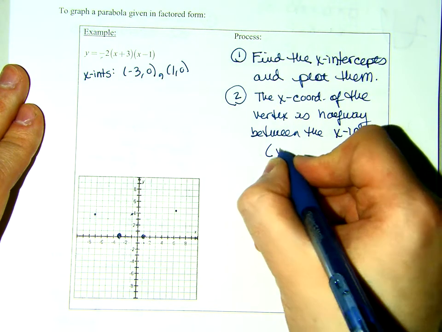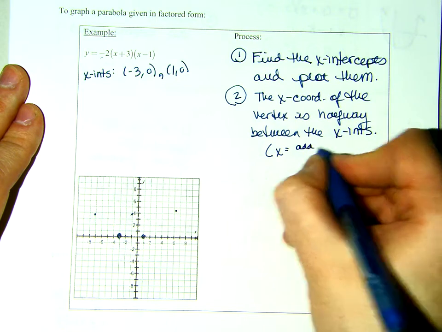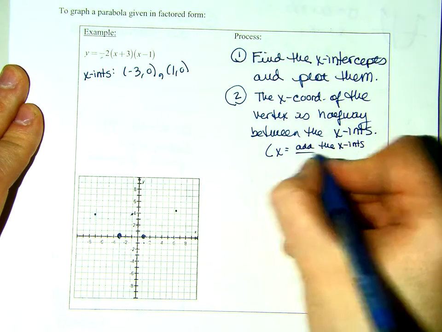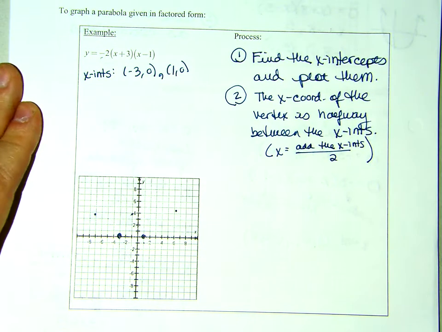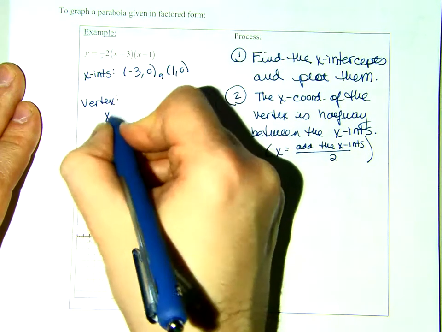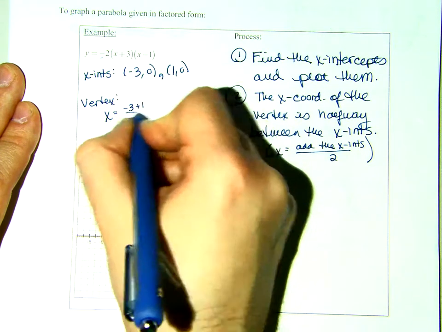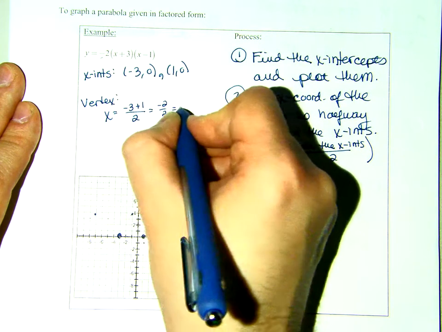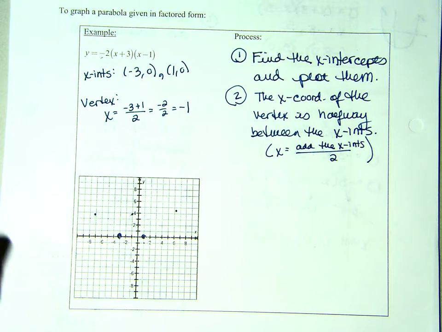So we could also say the x value is add the x-intercepts and divide by 2. What's halfway between negative 3 and positive 1? Well, negative 1. That is my x-coordinate of the vertex.